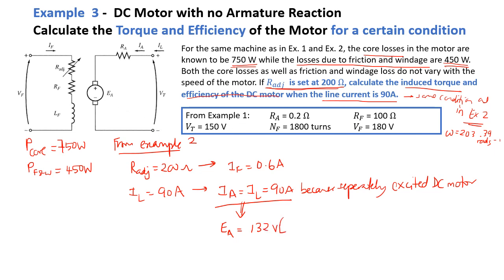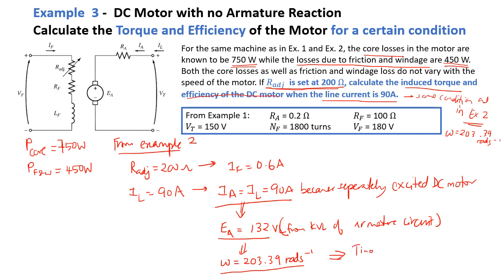We got this from the KVL of the armature circuit. And the speed was 203.39 radians per second. So we need this value of armature current, EA, and the speed of 203.39 radians per second. We're going to use this to calculate the induced torque and the efficiency of the motor to answer this example.